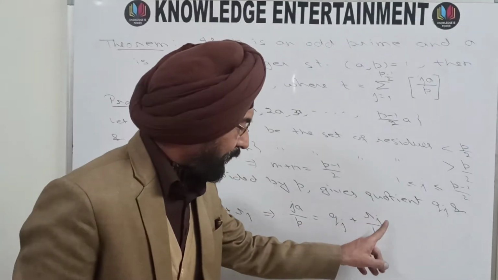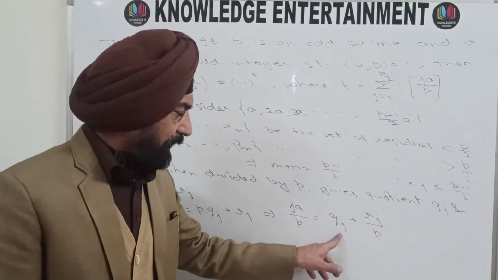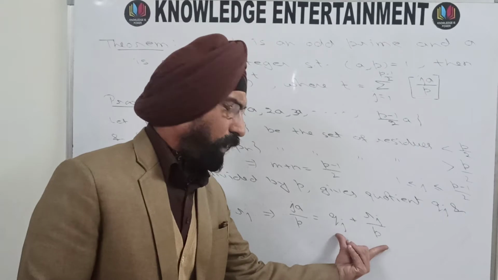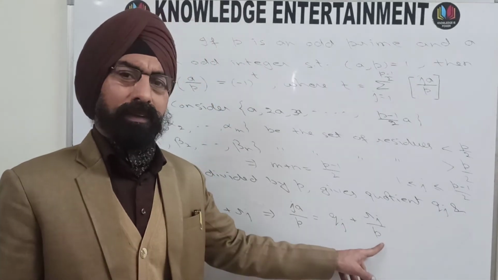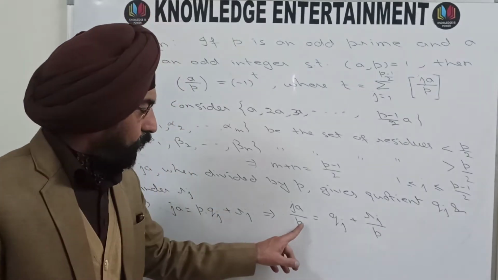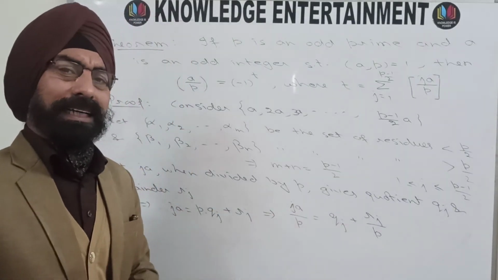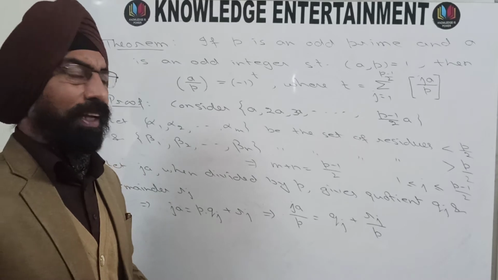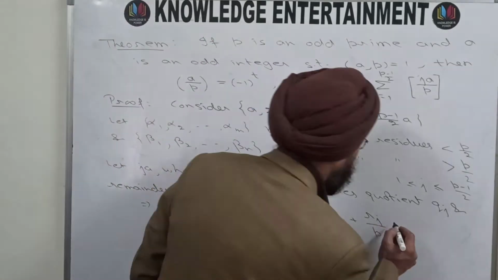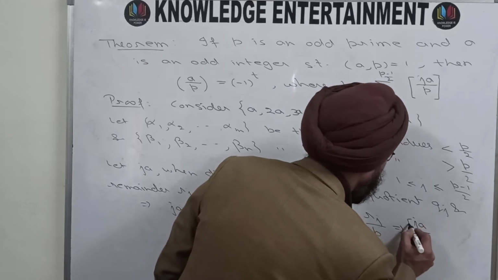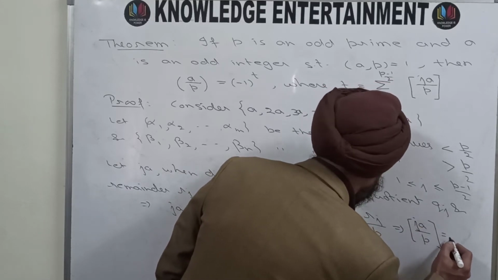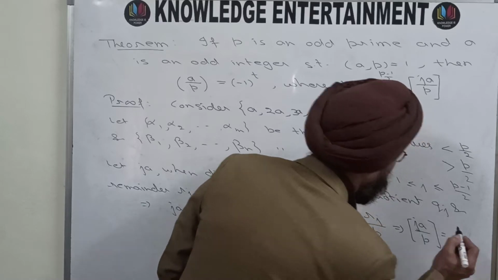So rj/p is a fraction and qj is an integer. Of this complete number, this is the integral part and this is the fractional part. So the greatest integer function of ja/p, its floor value, will be equal to qj.